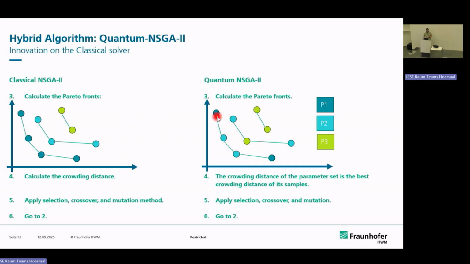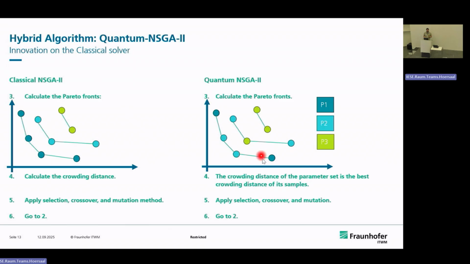For example, if P1, the parameter set 1, has a solution in the first Pareto front, it is assigned to the first Pareto front. The same is true for P2, which has 2 solutions over here, but P3 has only a solution in the second front, so it gets assigned to the second front. And with this, we have an ordering regarding Pareto fronts also for the parameter sets, not just for the solutions.